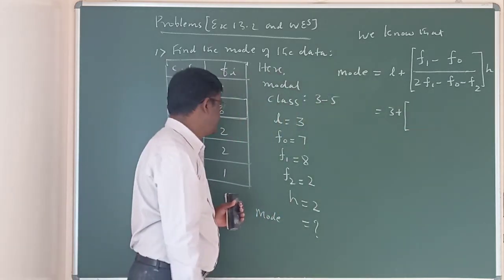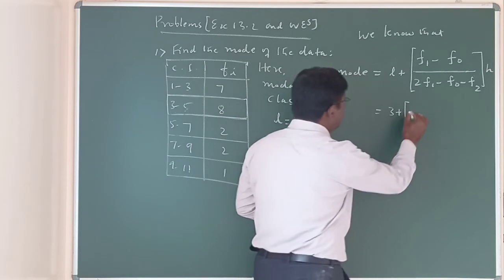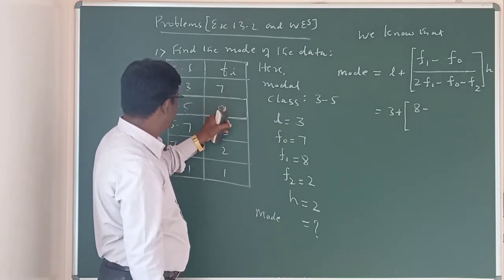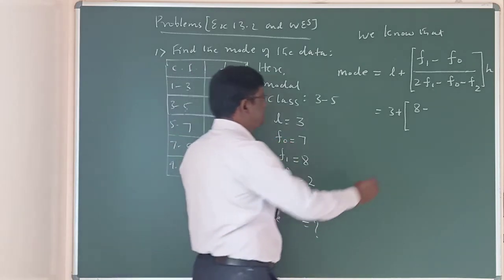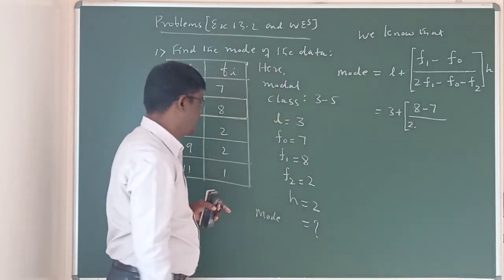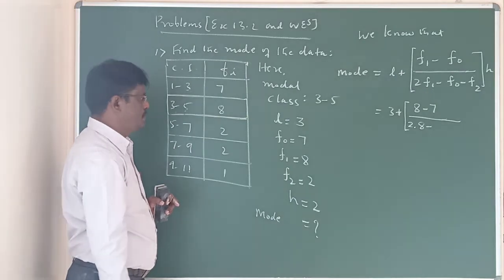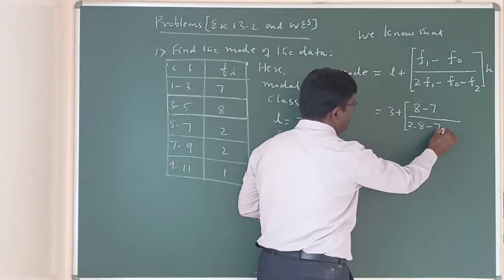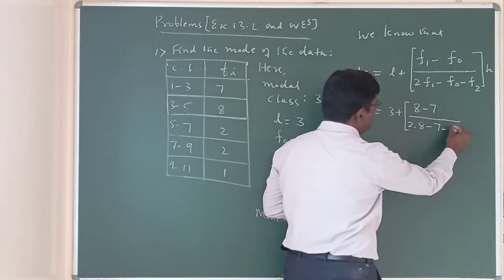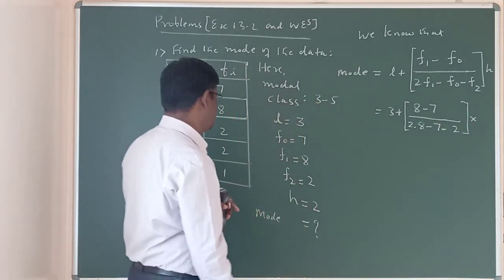F1 is the frequency of the modal class, it is 8, minus F0, the frequency of the class preceding the modal class, that is 7, divided by 2 into F1, 8, minus F0, that is 7, minus F2, the succeeding frequency, that is 2, into H. H is the size of the class, it is 2.